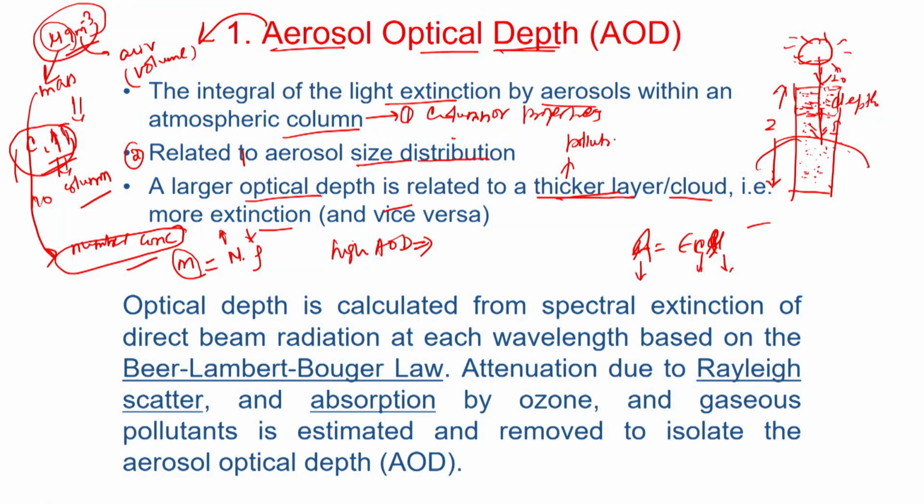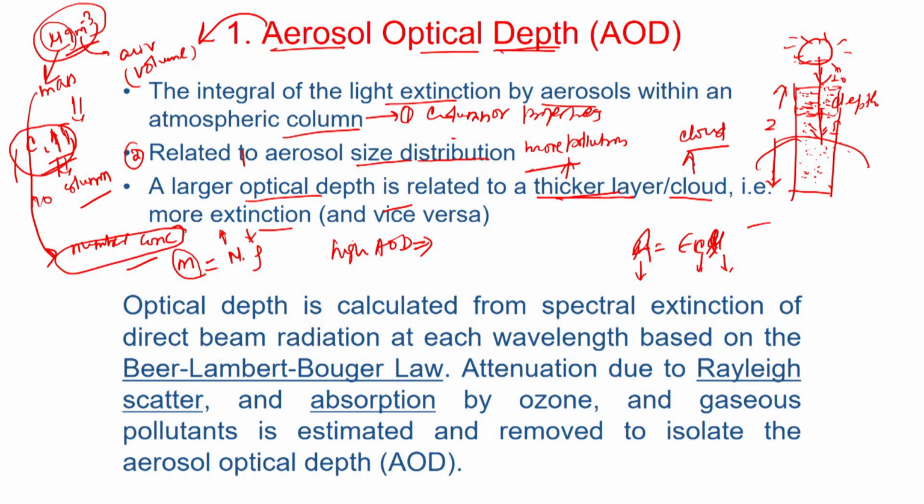pollution, or you could have a cloud. Clouds scatter the solar radiation strongly. We will come to that equation: extinction is the sum of scattering and absorption. So if there is more scattering, extinction will be more.